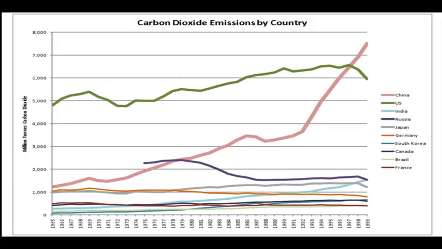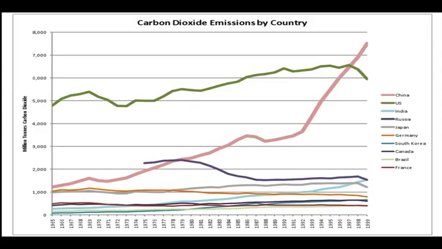But from a relative scale, you can see that China surpassed the U.S. back in the late 2000s. And so that is a problem, and unfortunately, China and the U.S. don't have any hard regulations that set severe hard limits on how much CO2 we're going to produce and how to reduce it.